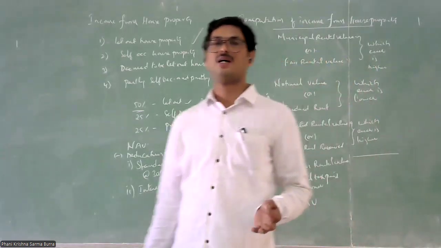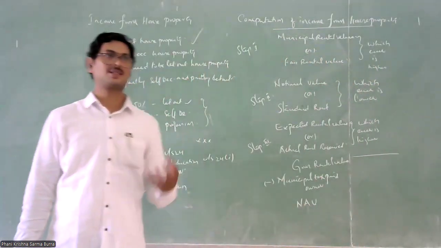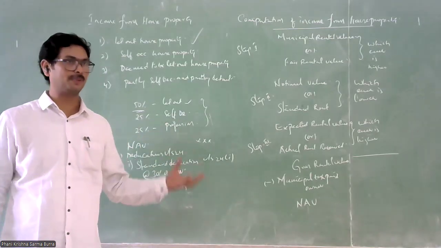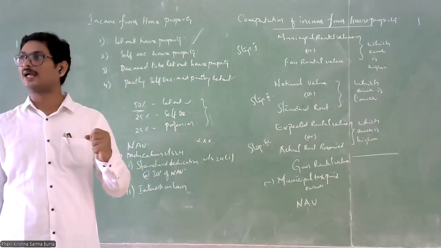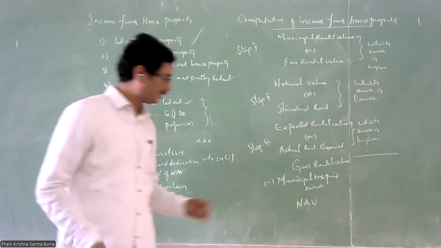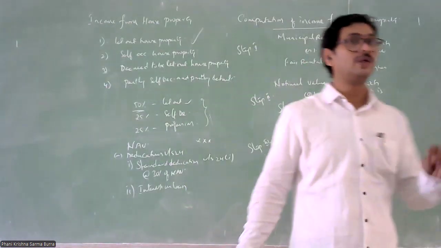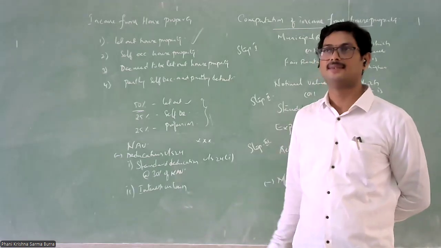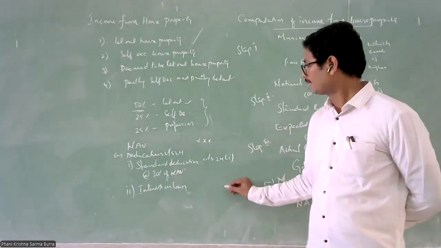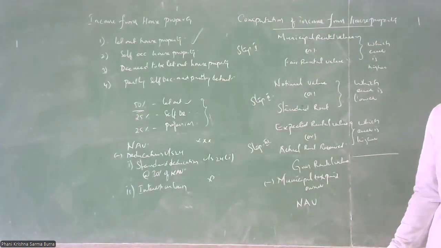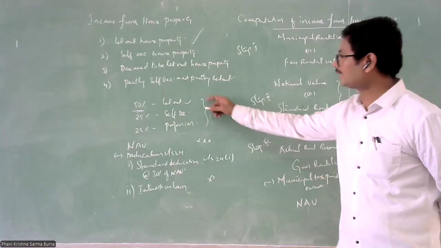If the owner wants to construct the house property, or renovate or repair it, it is possible to take a loan. The interest on the loan on house property is also allowed as a deduction. So this is the way of computation of house property for let out.